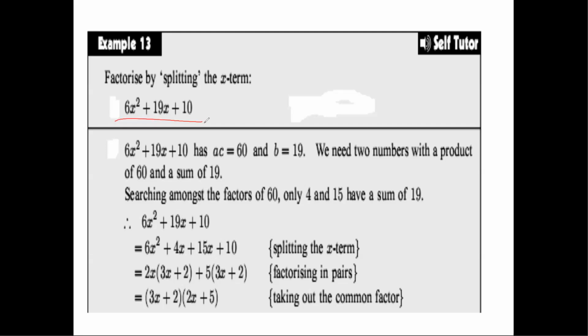This is a very general method. I want you to follow it very carefully. It's a systematic approach to factorizing. It works for almost any quadratic expression that can be factorized. Not all of them will lend themselves to factorization, but the ones that do, this will work.